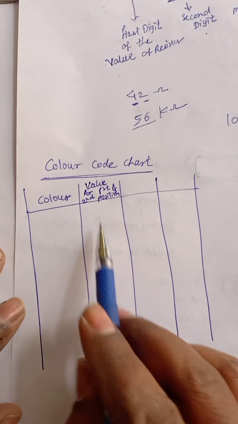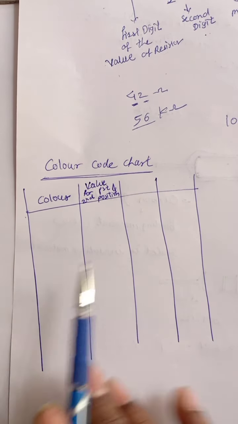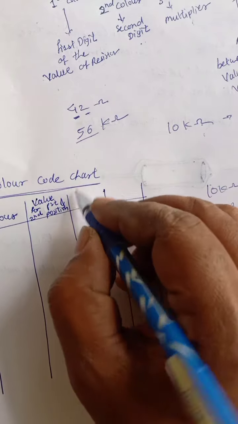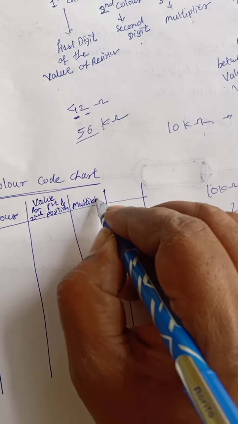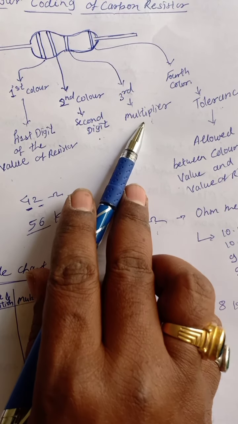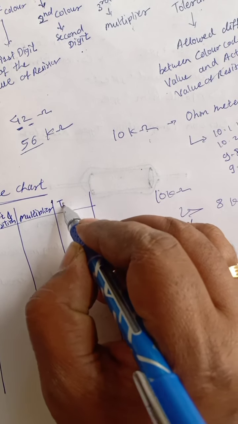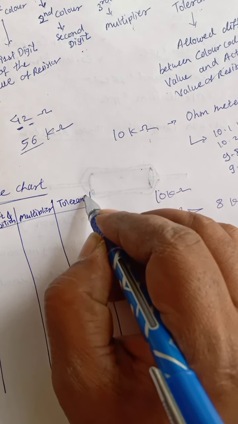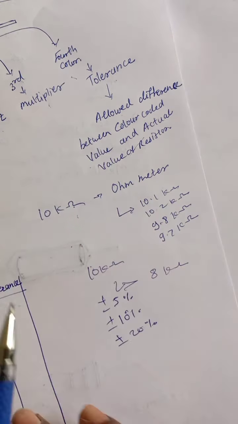So this represents the color value for the first and second position. The third is the multiplier, which is at the third position. Then multiplier and tolerance. Tolerance is the fourth color band.